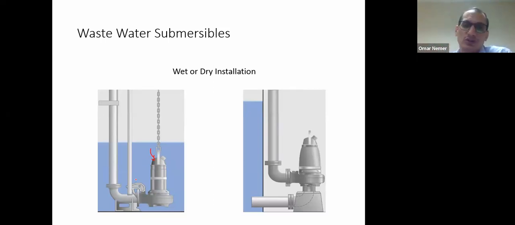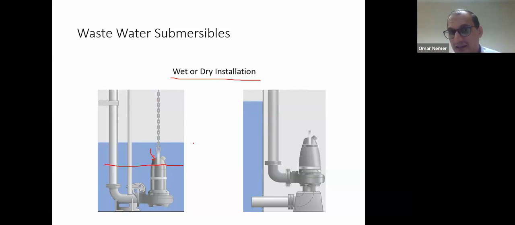Sometimes, because look, once you have a submersible pump in wet installation, if the pump is depending on the surrounding liquid, then we need to make sure that the motor shall not be revealed.